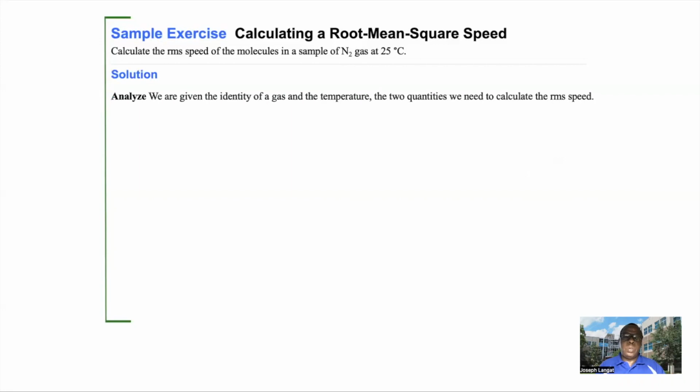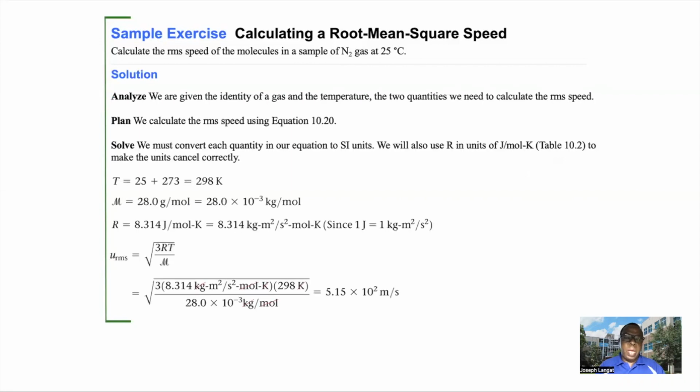So what we need to do is plug into the equation. This is what you need to remember in calculating the root mean square velocity. Since we want to calculate energy, we convert this to kilojoules, and that is why we have kilogram from joules.